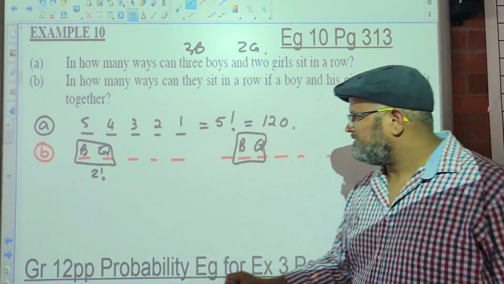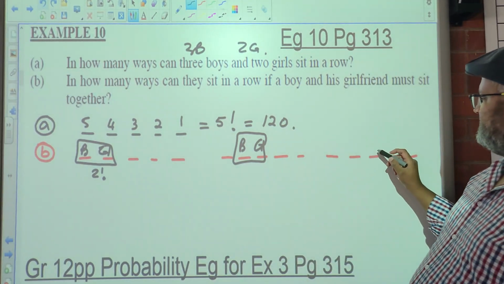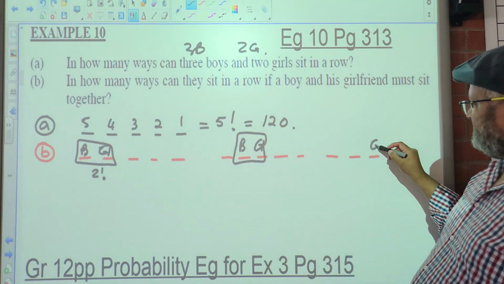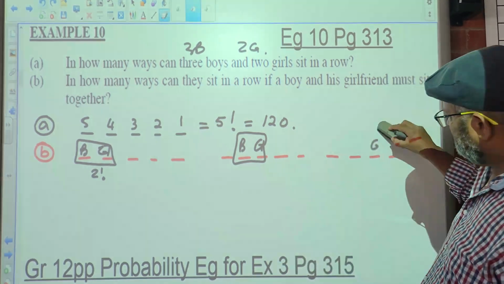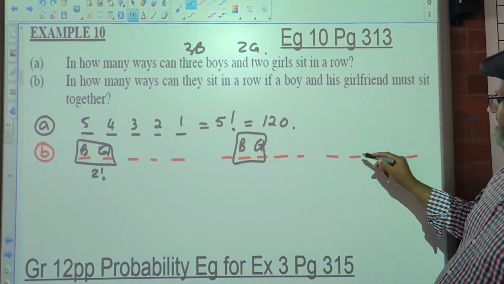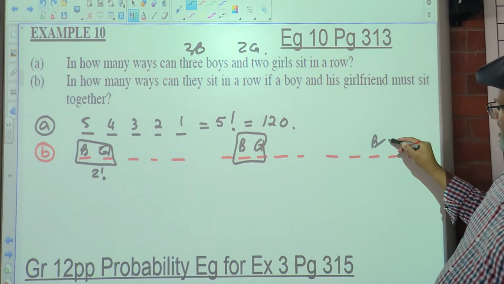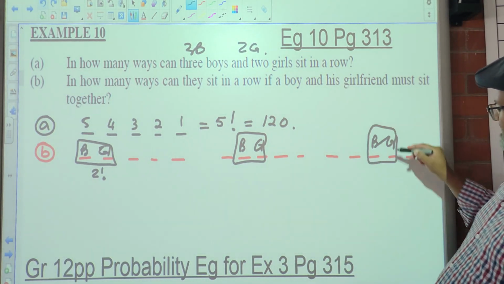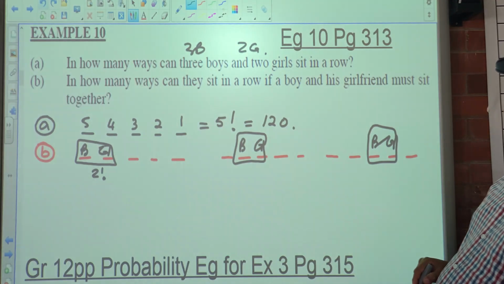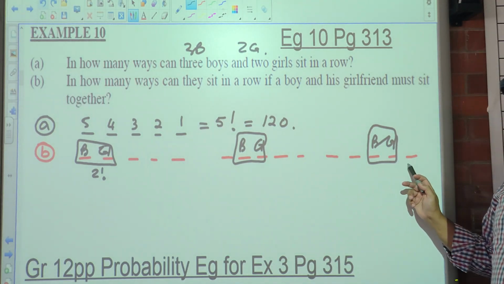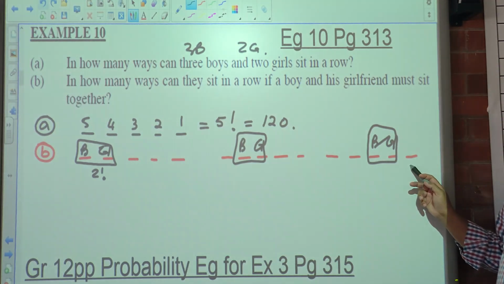The boy and the girl. But actually they could sit in seat 4 and 5 as well. Not so?